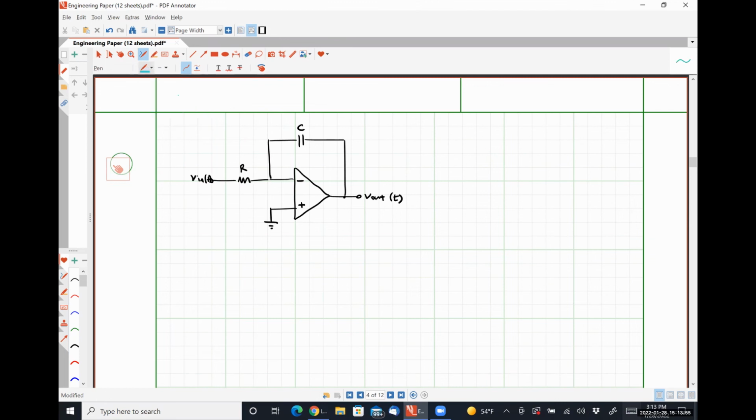Let's call this voltage Vc and this current Ic. I'm just going to write down my relationships between current and voltage for a capacitor again. Ic is equal to C dV by dt.